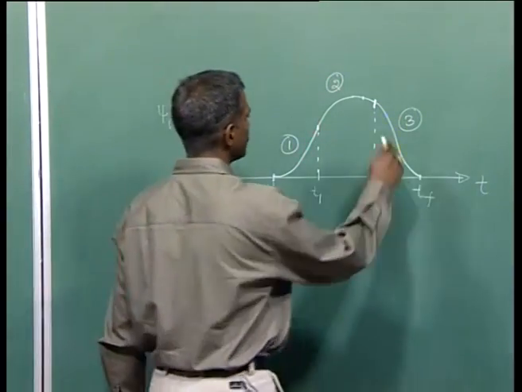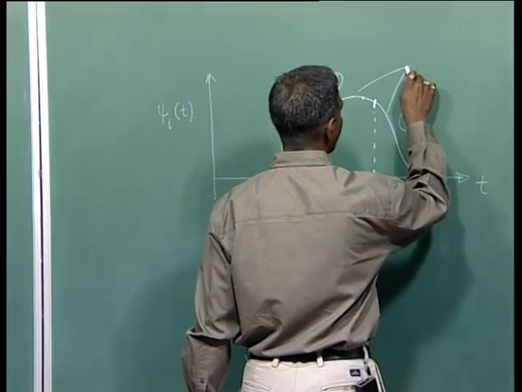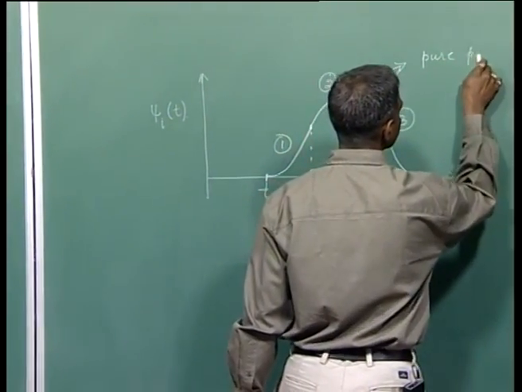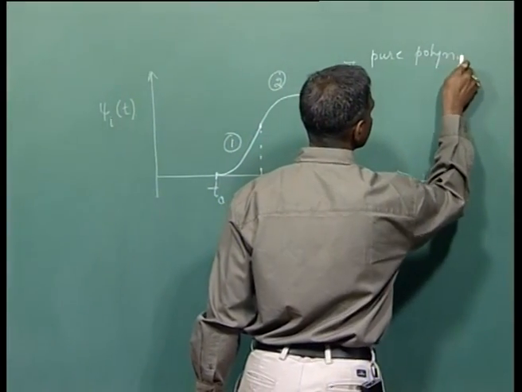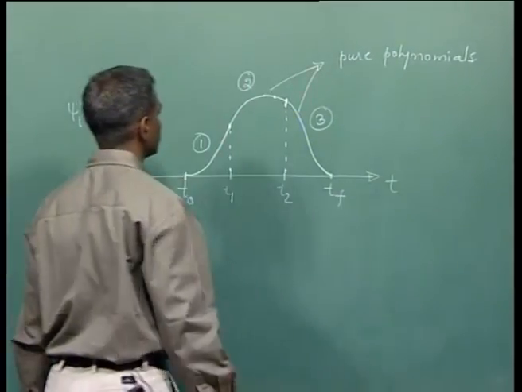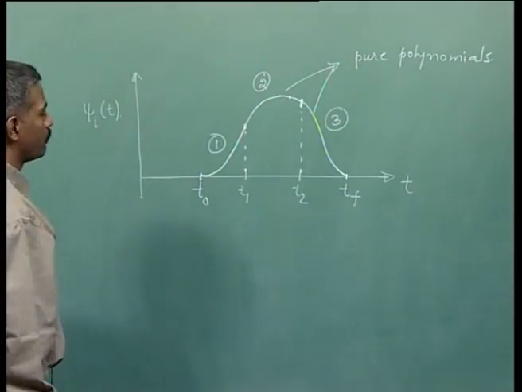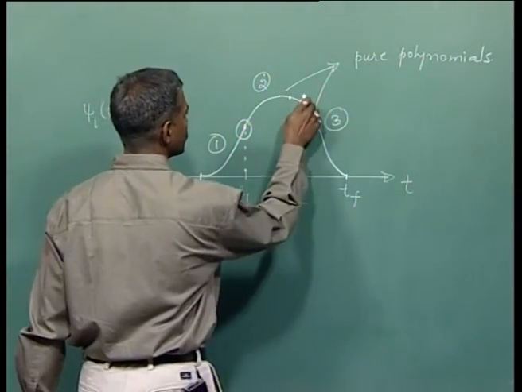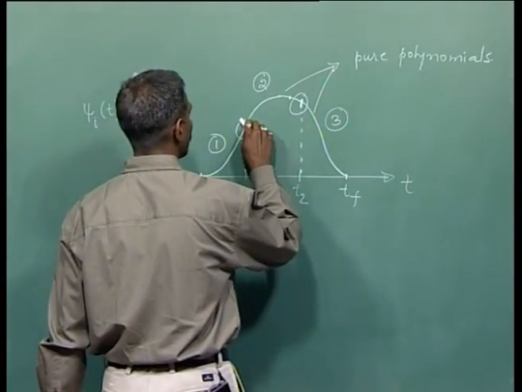Each of these segments will be pure polynomials. As you would notice, there would be junction points. In this case, we'll have two junction points here.